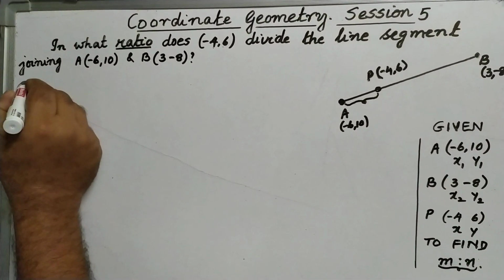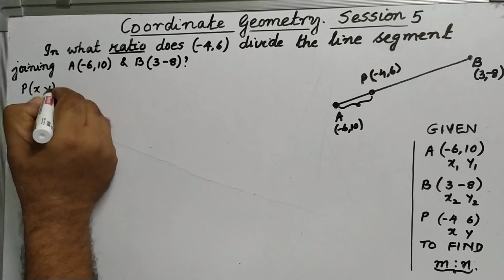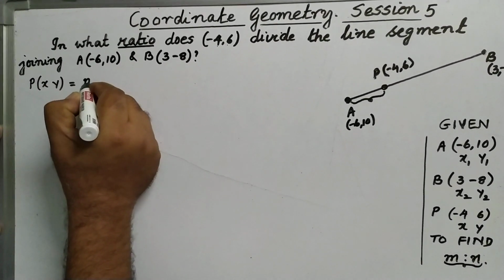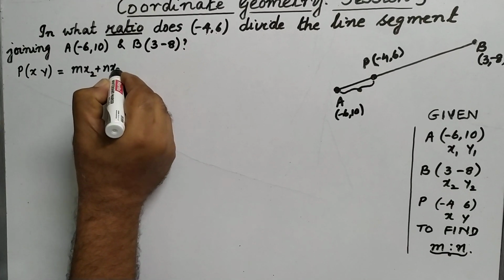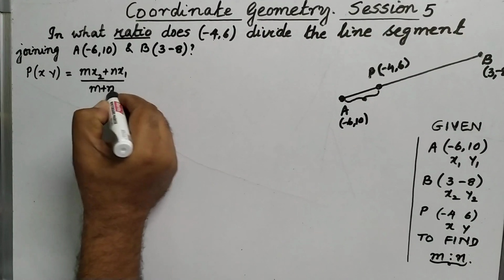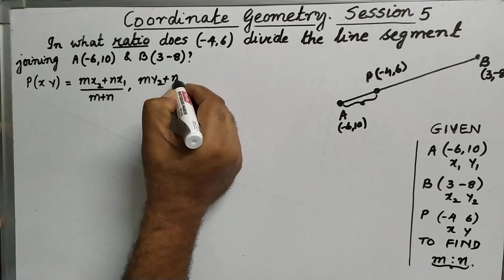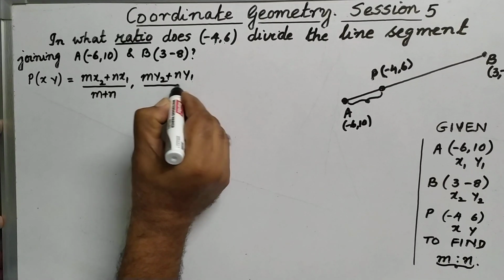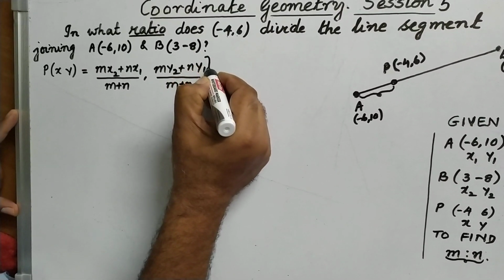You know that the section formula, P(x, y), is given by (mx2 plus nx1) divided by (m plus n), (my2 plus ny1) divided by (m plus n). This is the section formula.